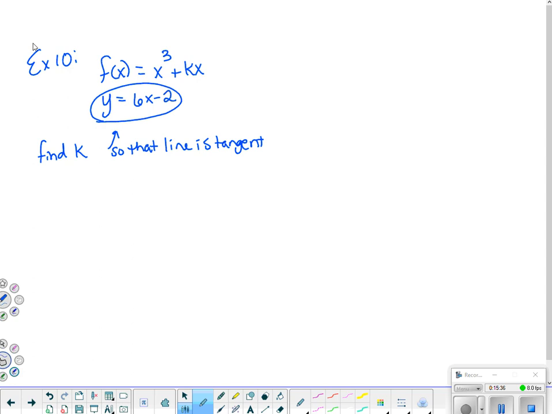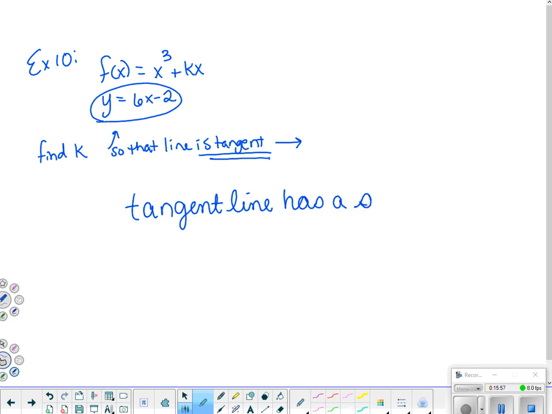If the line y equals 6x minus 2 is my tangent line, then I can figure out the slope. Looking at this line in slope-intercept form, I see a 6. It has a slope of 6.